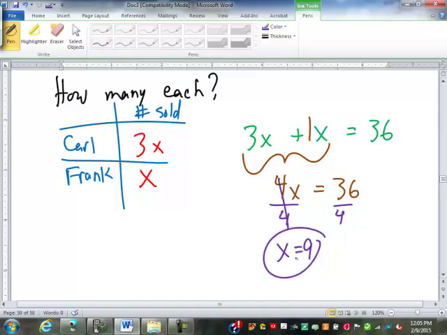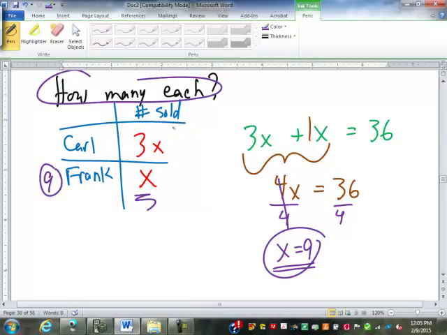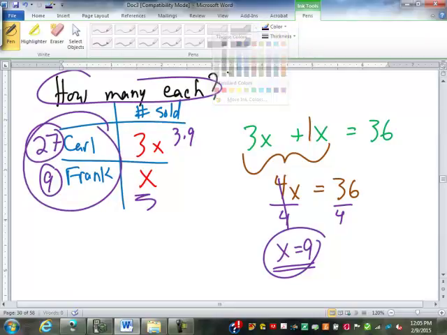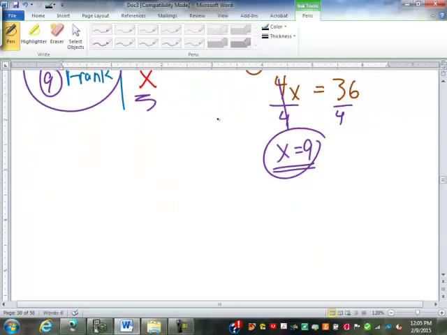Now we're not done yet. We've solved for x, but we still have to answer the question. The question was, how many did each sell? Well, Frank sold 9 because he was x. Carl is 3 times x, or 3 times 9 is 27 for Carl. Quite a busy week.